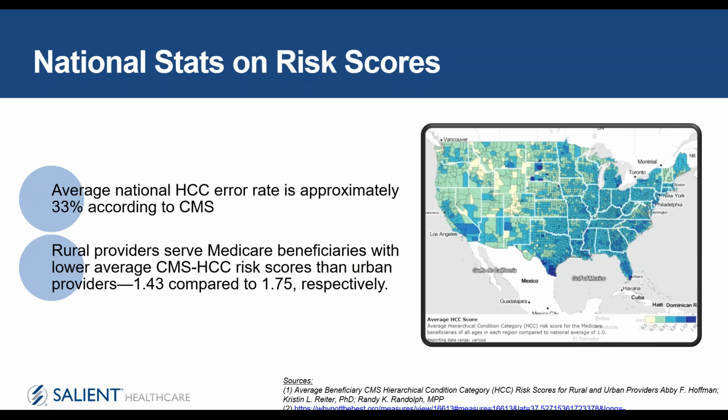Now, given these statistics, do you think it's possible that Medicare beneficiaries in rural areas are actually healthier than those in urban areas? Or do you think that perhaps the rural providers are contributing to that 33% error rate in coding? There's actually a website that provides you with information on your regional HCC scores, as you can see from the map on the right.